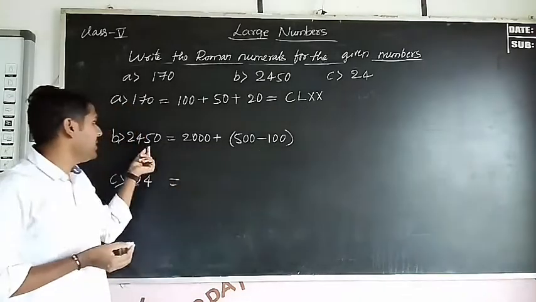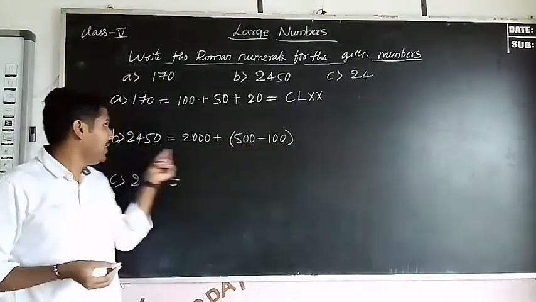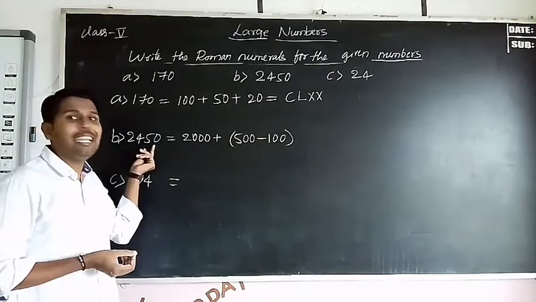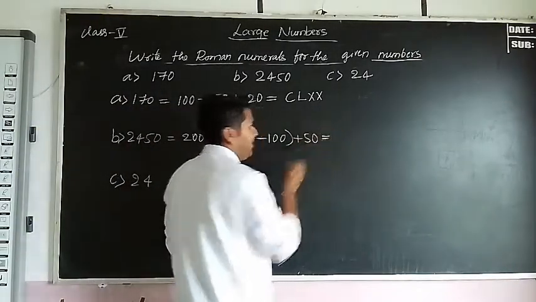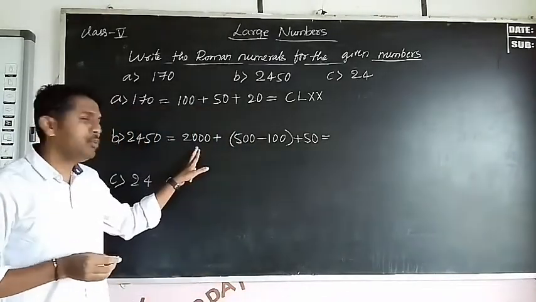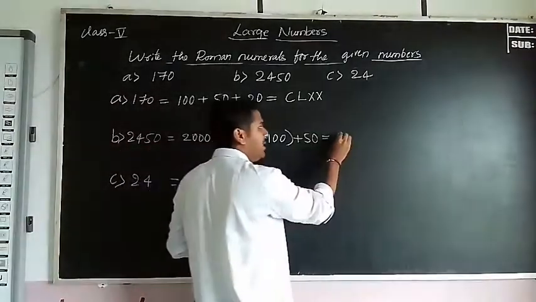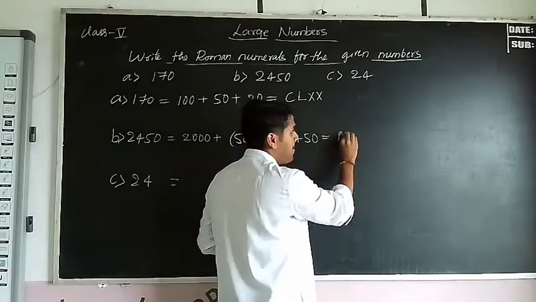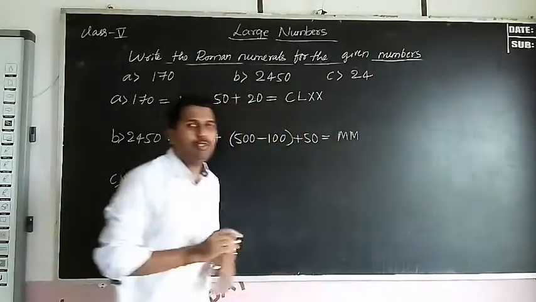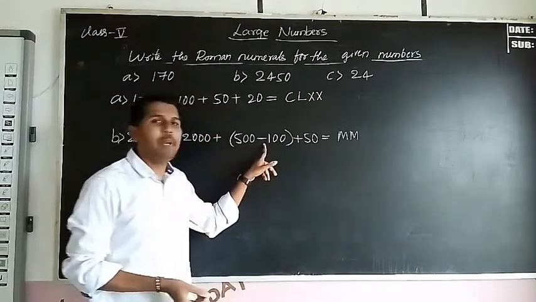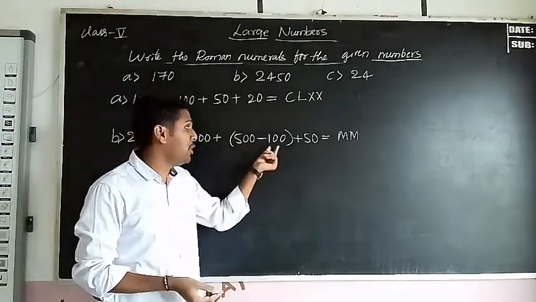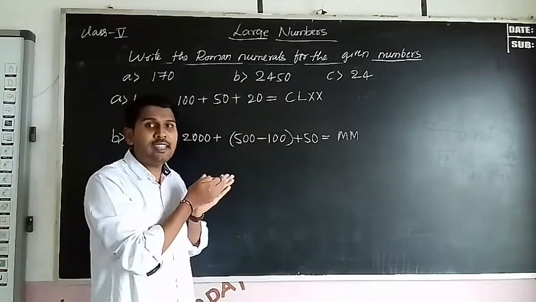Next, 50 means that is L, no? So 2000, write that 2000. Next, 400 means you have to place the smaller value before the larger value.